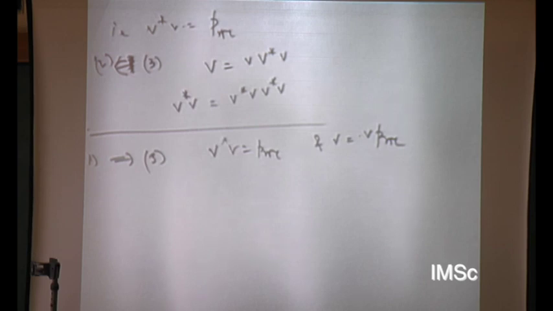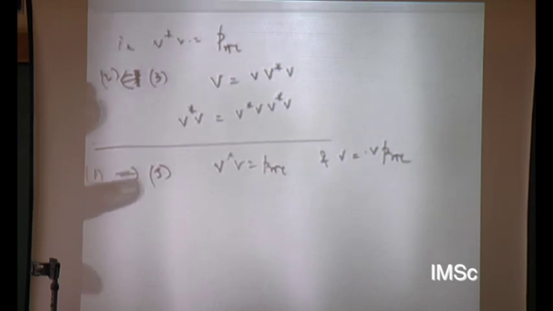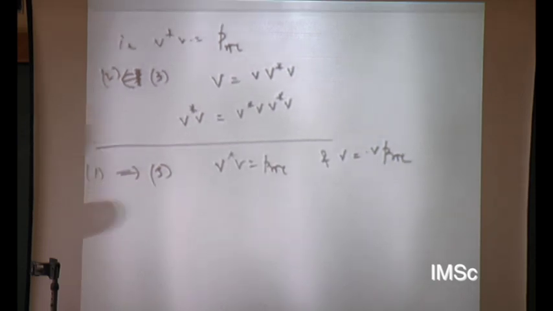M is a projection onto the kernel of V. So I organized the proof wrongly. I should have said, let M equal to the kernel of V. And then that's what all this says.